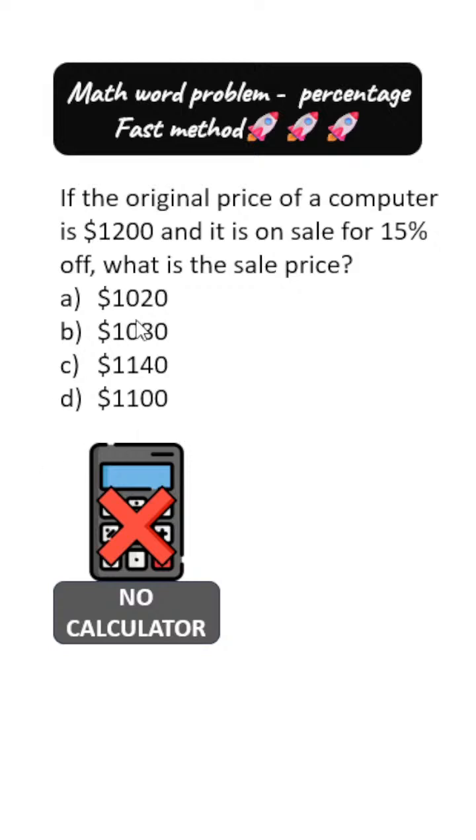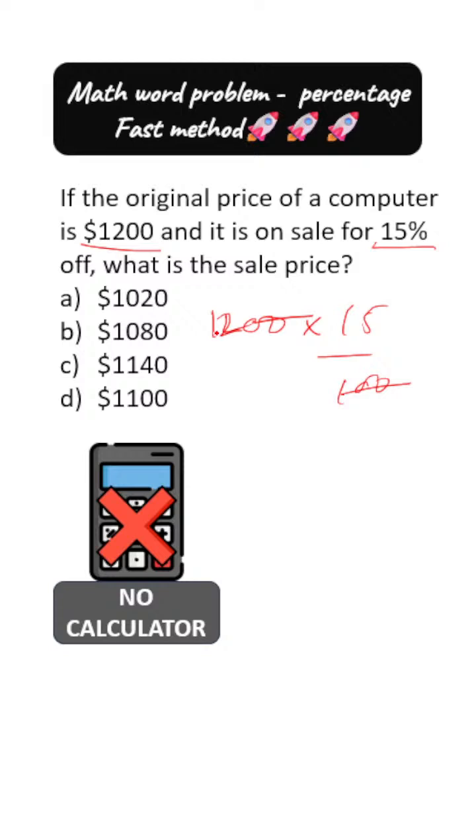So, if the original price is 1,200 and is on sale for 15%, what is the sale price? So, you say 1,200 times 15 over 100. 100 here, 12.